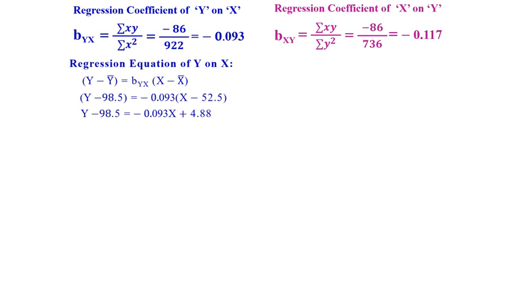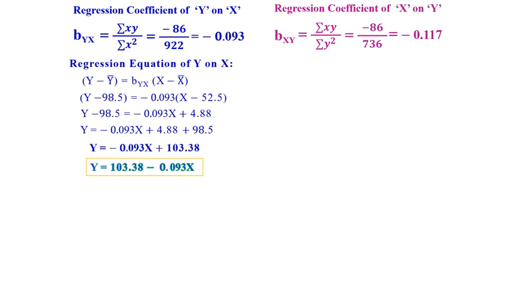Okay, simplify like this. I have taken 98.5 to the right hand side, it will become plus. Add them up, 4.88 plus 98.5. So y equals minus 0.093 x plus 103.38.